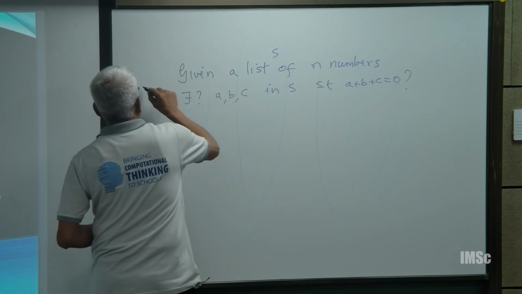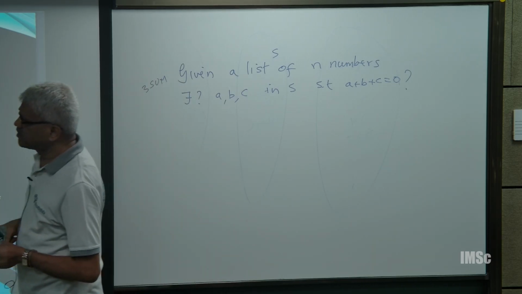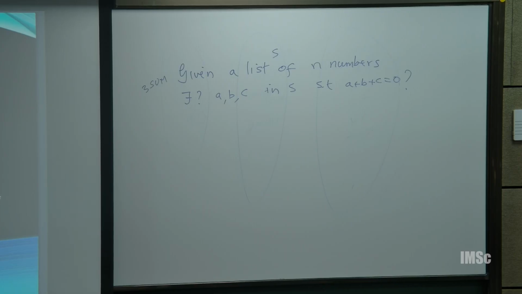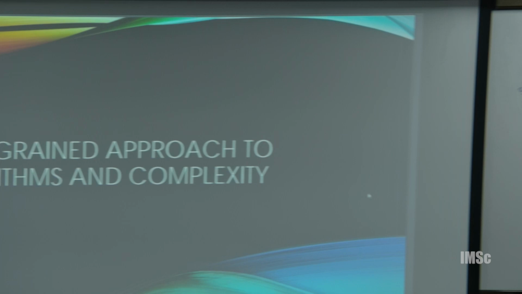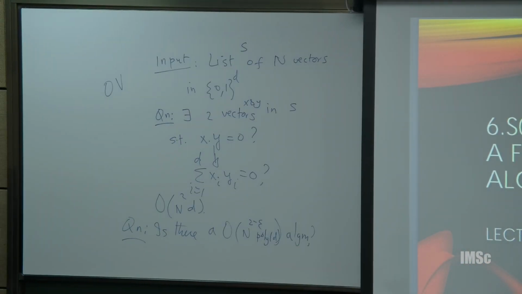This is called 3SUM, and that is called the orthogonal vector problem. You will see these notations in the slide. How would you solve this, and how much time would it take?